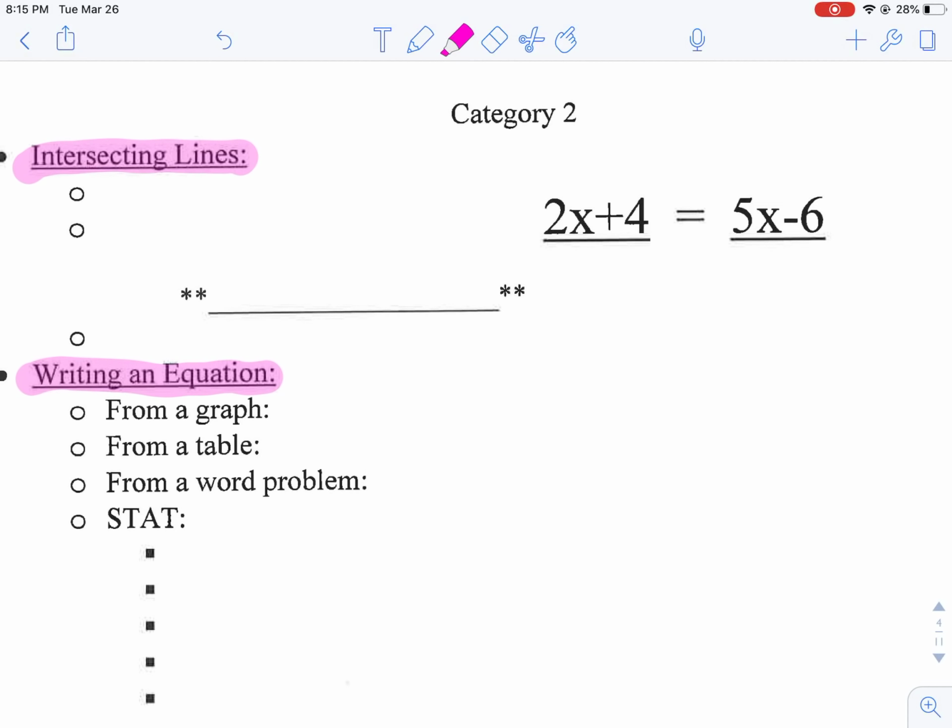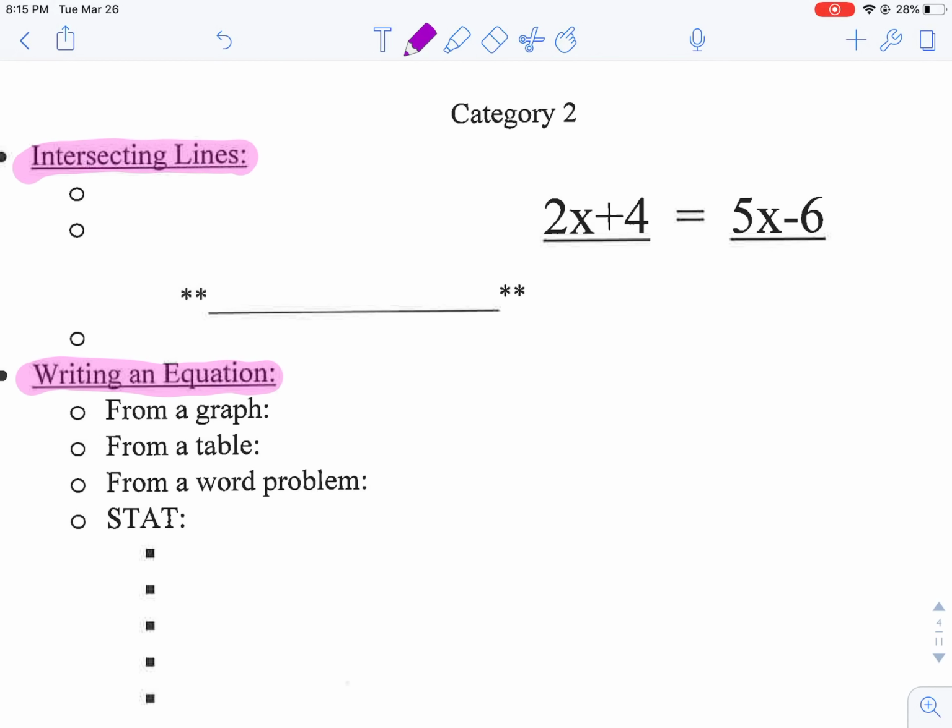So when I'm working with intersecting lines, when I have 2x plus 4 is equal to 5x minus 6, and I want to solve for x, where can I type this on my calculator to be able to solve for x?